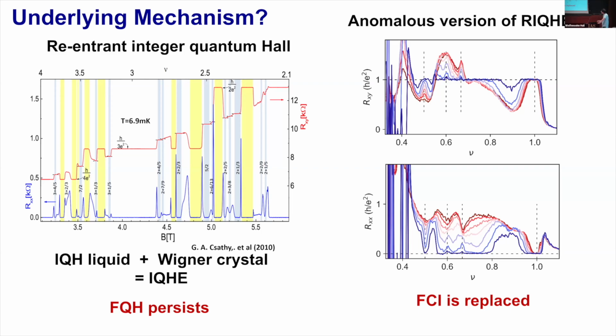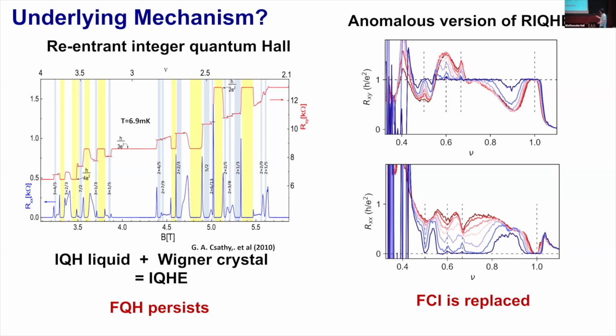And of course, what the reentrant quantum Hall is, you can think of it as choosing to be in that integer quantum Hall liquid state, and there are some residual charges because you're not at the exact filling factor of integer, and those extra charges, no matter if it's electron or hole, form, for example, a trivial Wigner crystal that doesn't contribute to topology, and that is why it looks like integer quantum Hall, right?